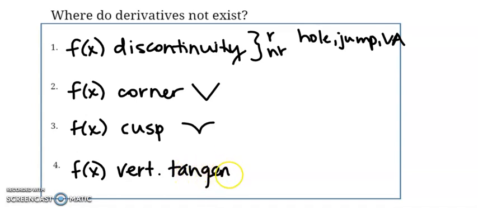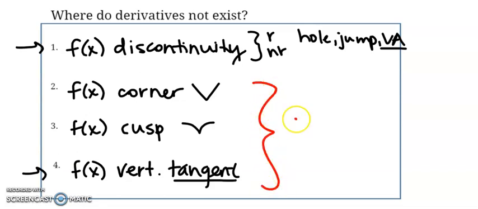Now be careful, because up here in number 1, we talked about vertical asymptotes. That's different than a vertical tangent. Remember, a vertical tangent was where that yellow line all of a sudden was vertical. These will all be places where f prime is not continuous.